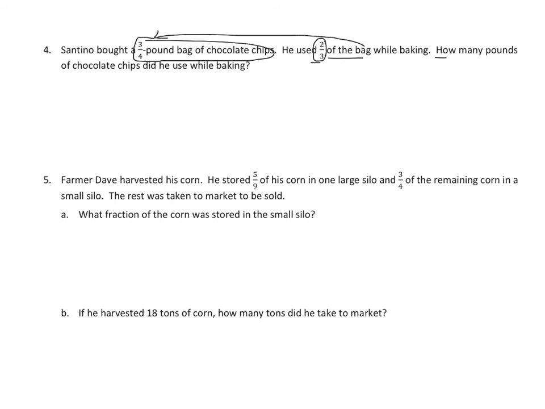The question says, how many pounds of chocolate chips did he use while baking? So let's think about this. He said he used 2/3 of the bag, so I'm going to put "of bag." We do know how much the bag weighs when he bought it from the store. It was actually 3/4.